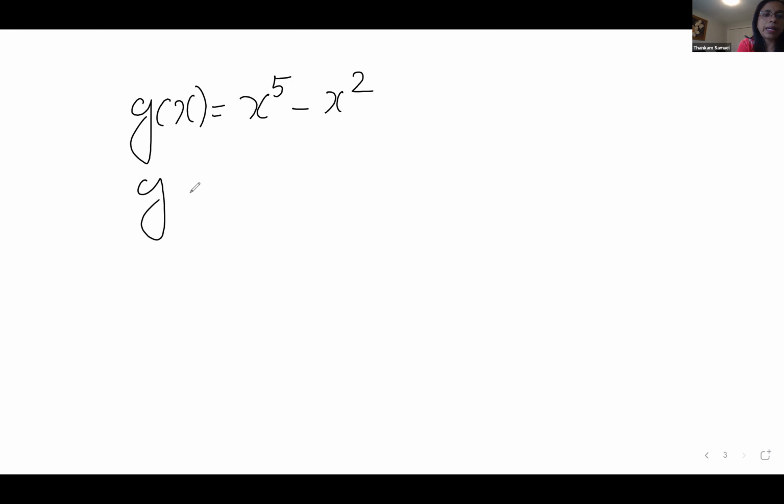Let's look at one more example. We have given g of x equals x to the 5th minus x squared. So again, we need to find out whether this function is an even function or an odd function or neither. So replace x by negative x.